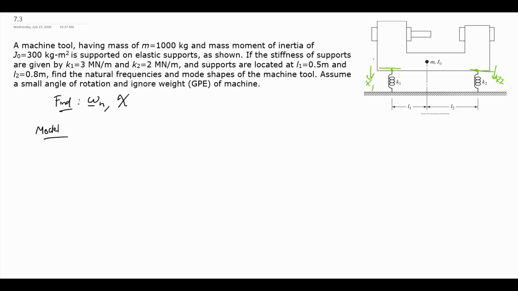So that's really just a coordinate transformation: instead of a position and an angle at the center of mass, we could define two positions and still fully describe the system. And we can convert from one coordinate system to the other. So x1 and x2 together will map to the x and theta that I have here.